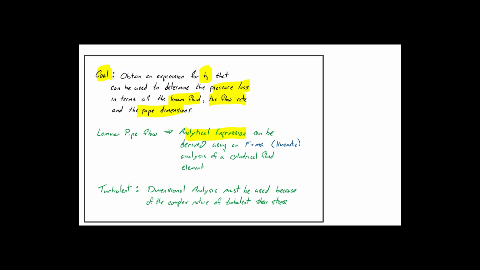We're going to start with F equals ma, a kinematic analysis of a cylindrical fluid element, and we'll end up with an analytical expression for HL. However, for turbulent flow, we're going to have to use dimensional analysis because of the complex nature of the turbulent shear stress.